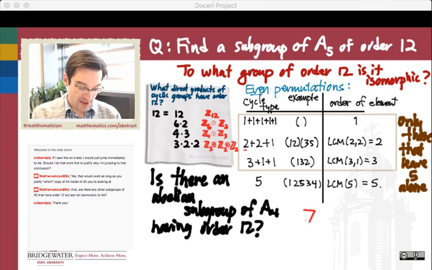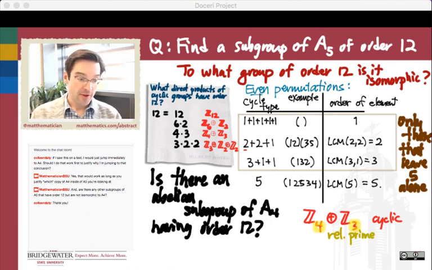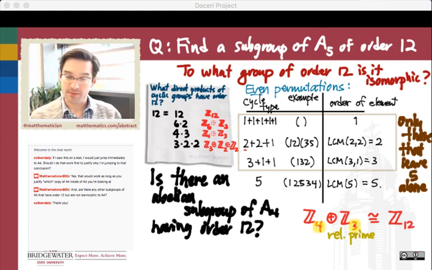So we know, for example, that Z4 direct product Z3 is going to be a cyclic group, because 4 and 3 are relatively prime. And therefore, because Z4 direct product Z3 is a cyclic group, and it has order 12, that must mean that it's isomorphic to the cyclic group of order 12, the prototype, the original, the OG Z mod 12.